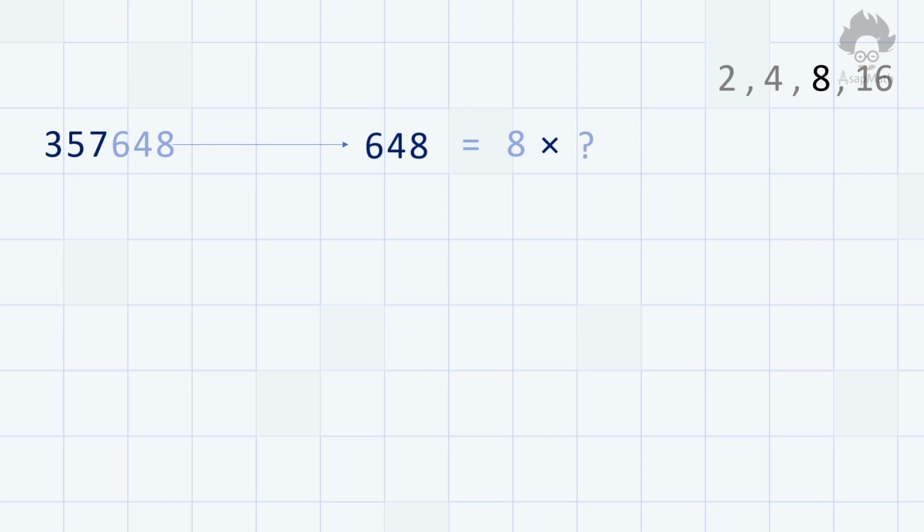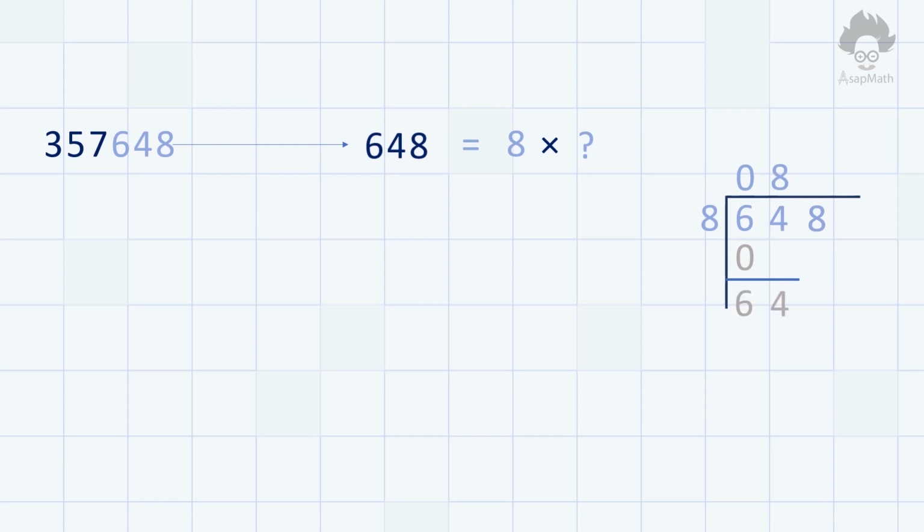To make it clear, we will use long division. The result shows that it is a multiple of 8, so we can decide the whole number is divisible by 8. We will consider another example.